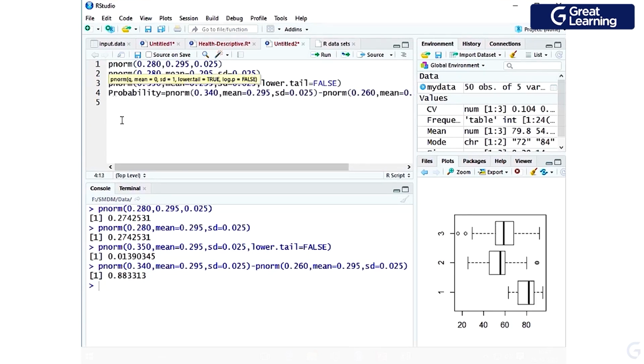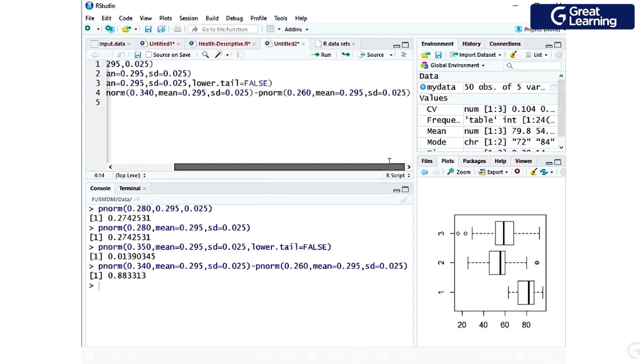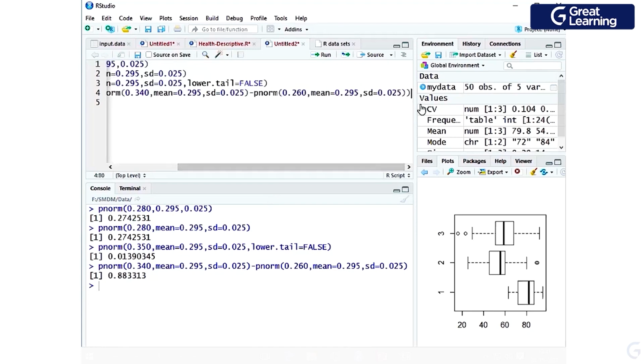Probability is equal to this. Put a bracket here. Times 100.